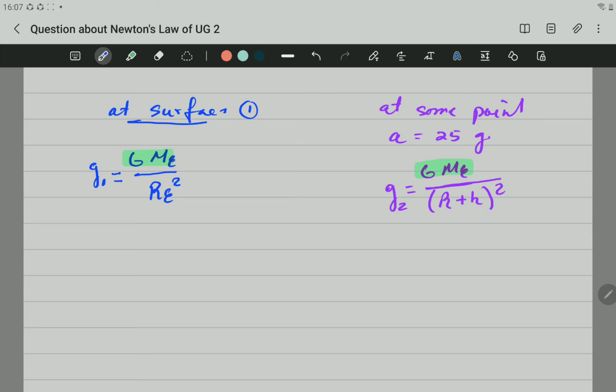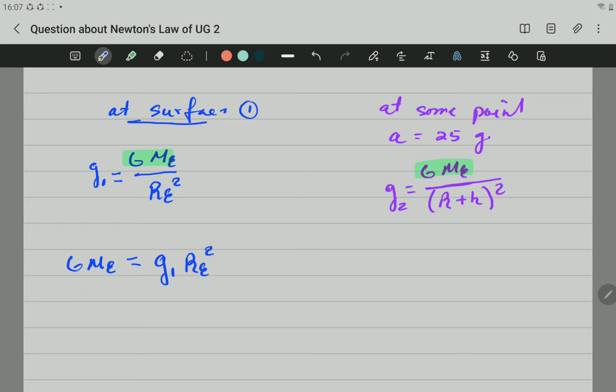Here we will have the constant multiplied by the mass of the Earth is going to be equal to the product of the acceleration at the surface of the Earth multiplied by the radius of the Earth to the power 2.